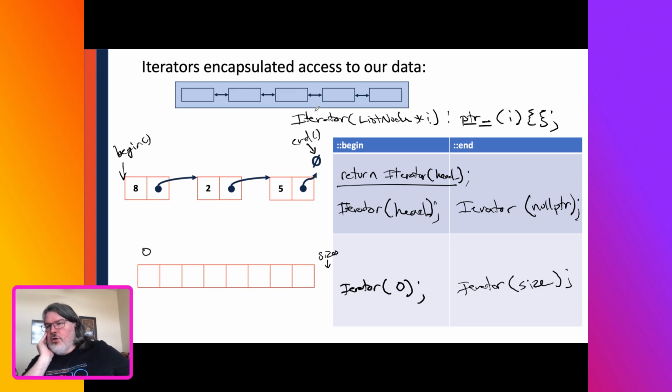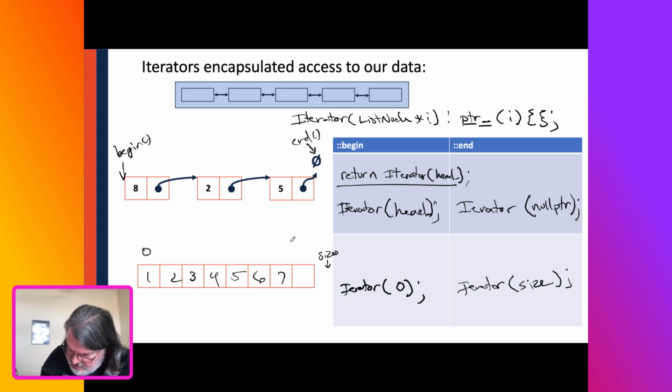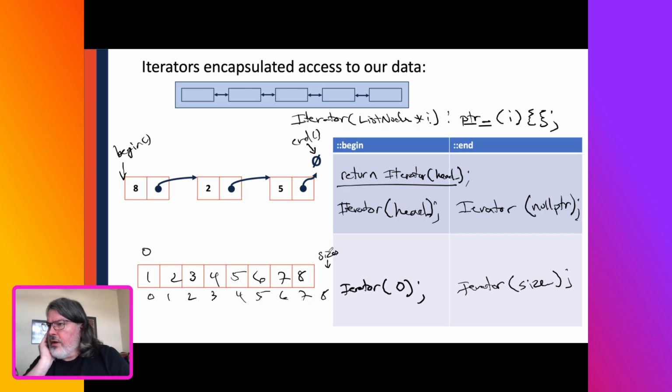Size is the number of values in my list, right? So if I have 1, 2, 3, 4, 5, 6, 7, 8 things in my list, my size is 8, and this is the 0th, 1, 2, 3, 4, 5, 6, 7th index. And this is the 8th index, just like it was in any array. There's nothing special about my array.